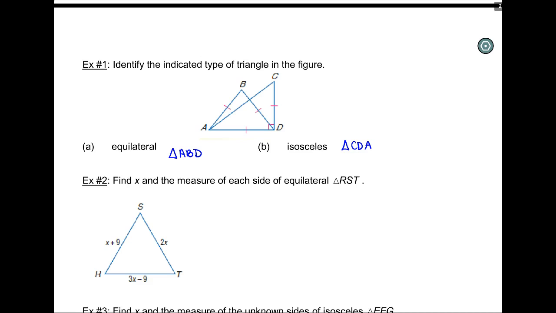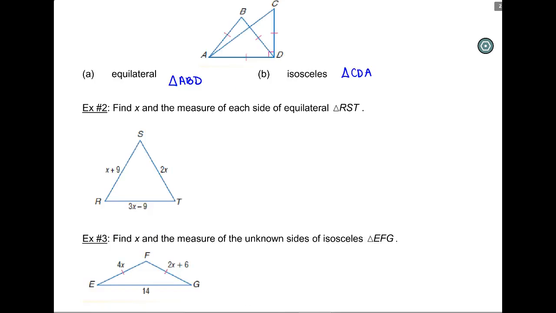If I have a triangle ABC and I want to make it congruent to triangle DEF, A matches up with D, B matches up with E, that kind of thing. So we need to make sure it goes in the same order.